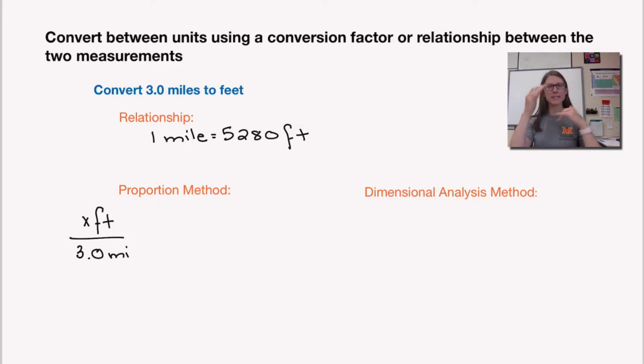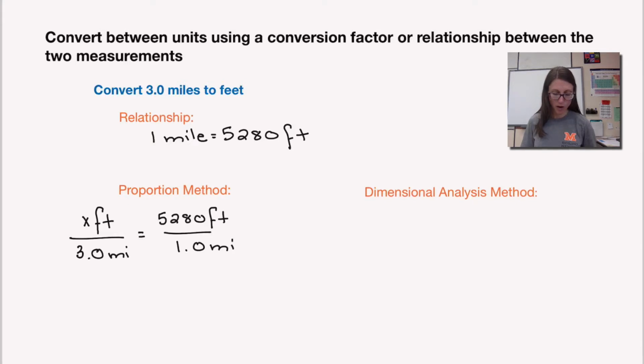And so I basically set up a fraction to be the left side of my proportion that says how many feet are in the known quantity, in this case the miles. And then the other side of the proportion, the other fraction, is the relationship. And I know that there's 5,280 feet for every 1 mile.